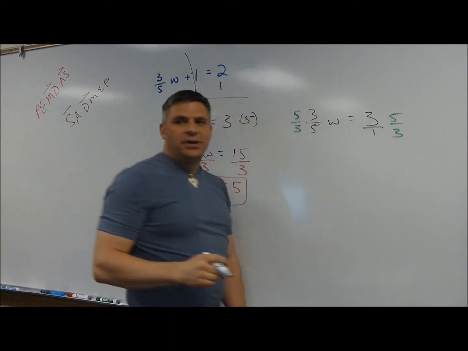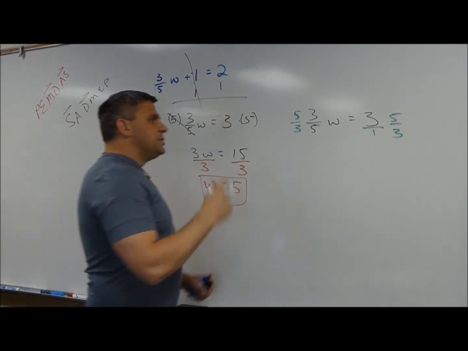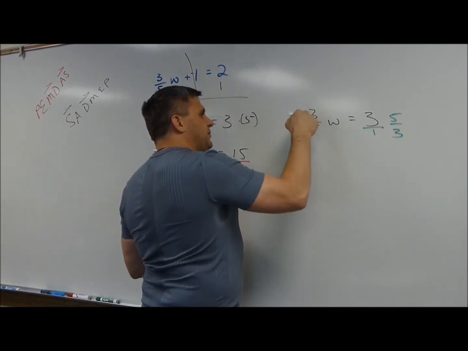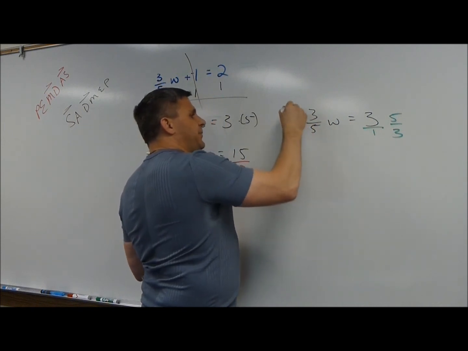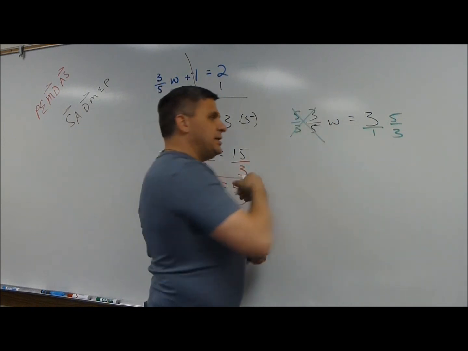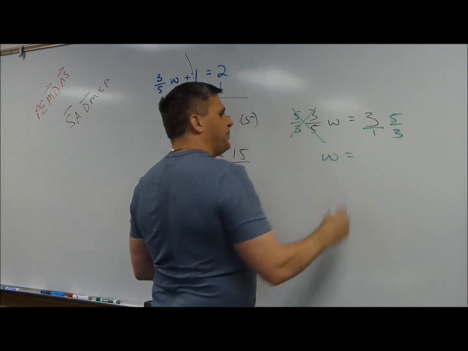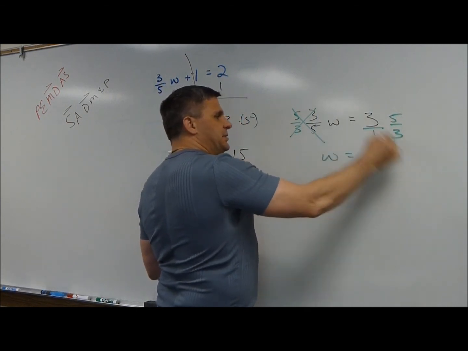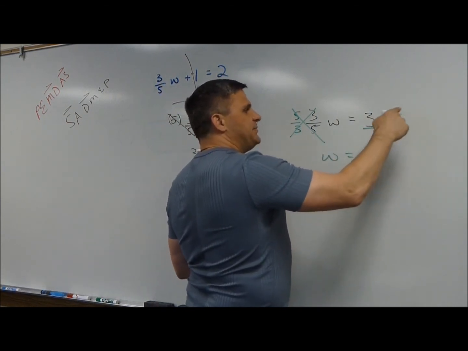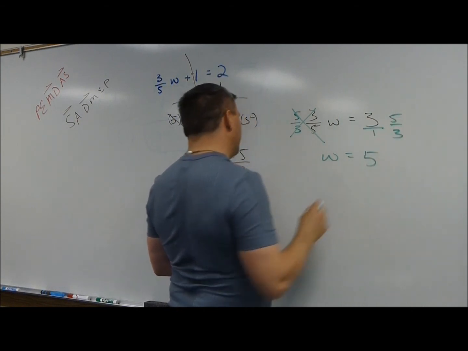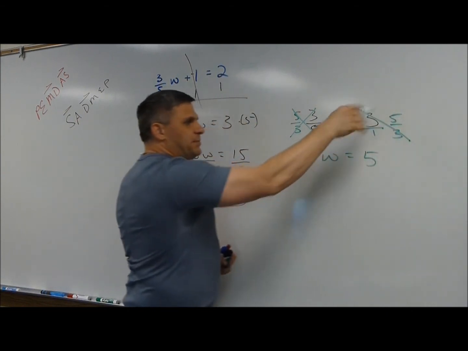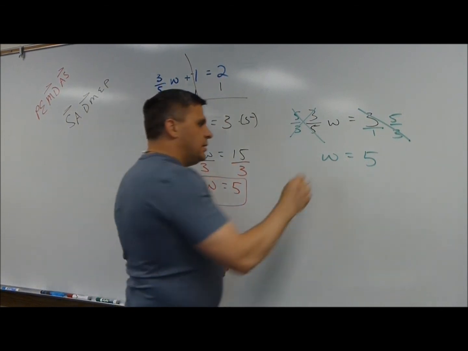And remember, that's 3/1. And so now it's 5 times 3, which is 15, or the 5's cancel and the 3's cancel, and I get w. And then these 3's cancel, or I get 3 times 5 is 15, divided by 3 is 5, right? Or the 3's cancel, and I'm left with 5 anyways.